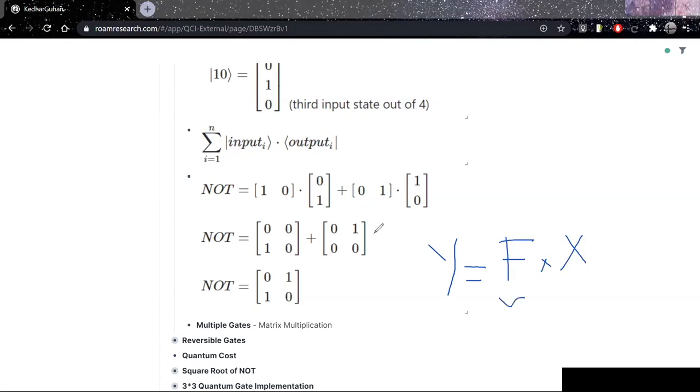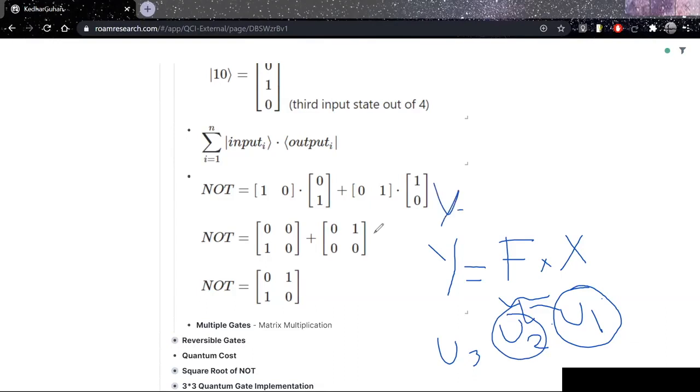This function would be a combination of gates. It could be u3 into u2 into u1. This means that x is first operated using the operation u1, then the u2 operation is applied onto it, and then u3. Finally it would be represented as u3 into u2 into u1 of x. So x would be the initial input state and y would be our final state.